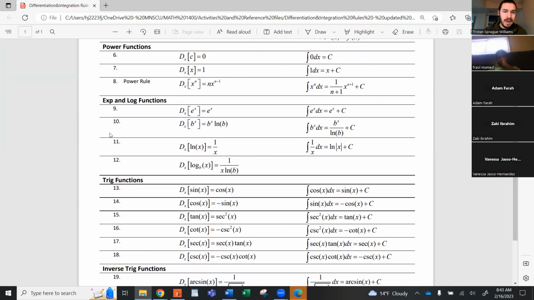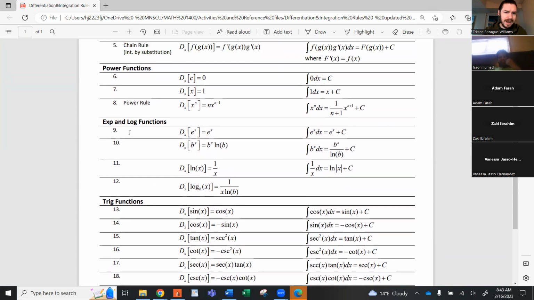I just wanted to pull it up now because it has the 4 of these rules laid out right here. They're labeled 9, 10, 11, and 12. Actually, I used the letter B for the base instead of the letter A, but it's the same, just a different letter. So there they are, the exponential ones and the log ones.